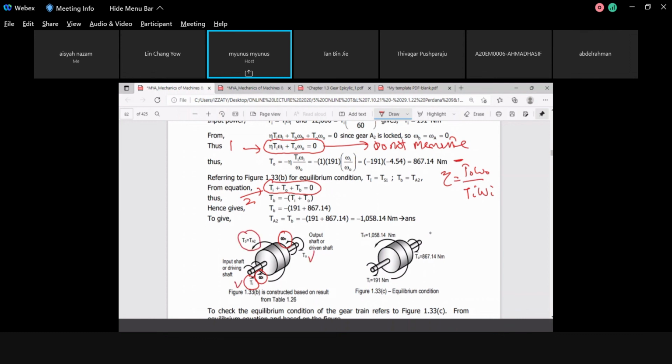Easy, right? So first one, use the equation. Ti plus To plus Tb equals 0. Ti given. If not given, you can use the equation from this one. If not given, remember Ti equals here. If given, just simply take the one. To, you use this one. Get To.